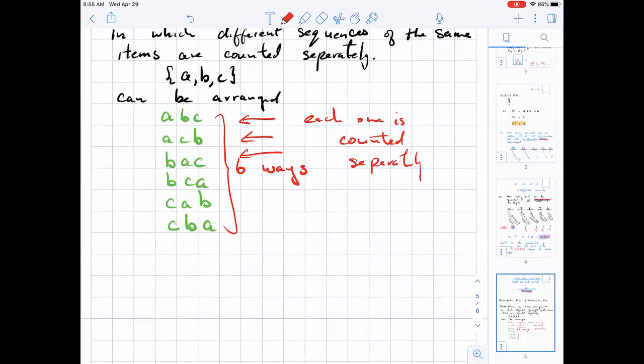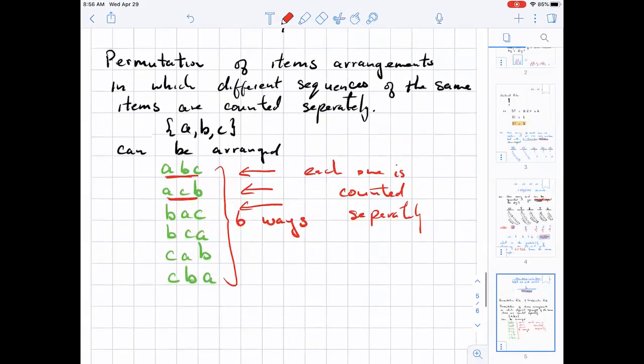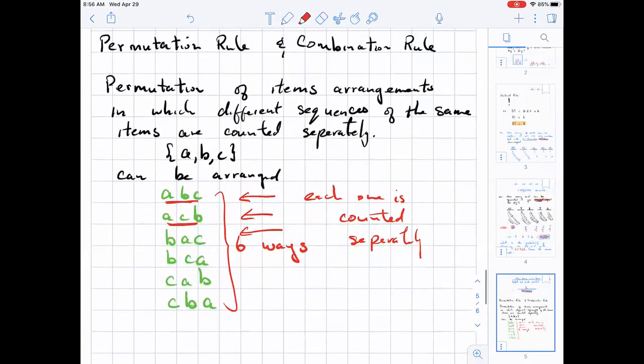The reason we say separately is because ABC is totally different from ACB. Although it's the same 3 letters, the arrangement differs, so we count them separately. This is what we call permutation.